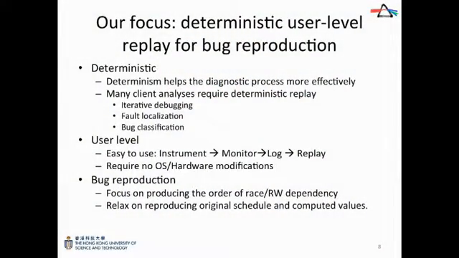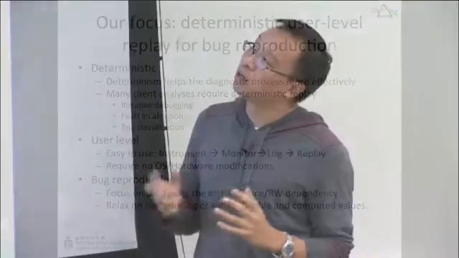Our focus in our research group is what I call deterministic user-level replay for bug reproduction. All right, so there are some terms here, so let me explain it a little bit better. We like deterministic replay because we think that it helps the diagnostic process more effectively.